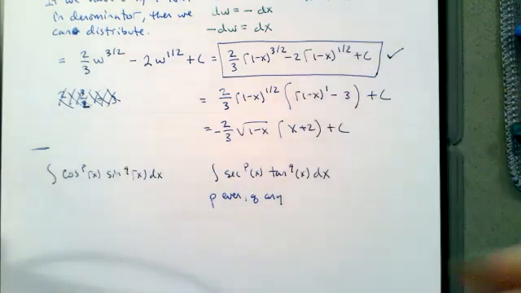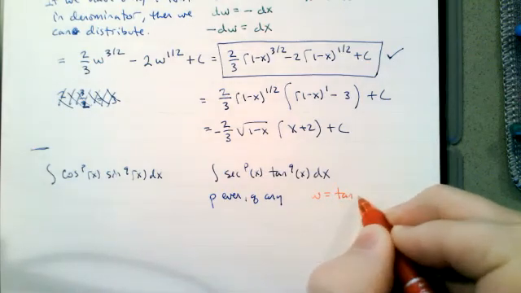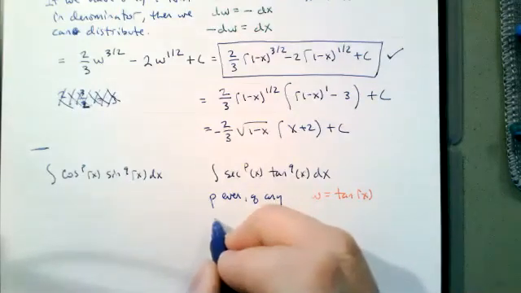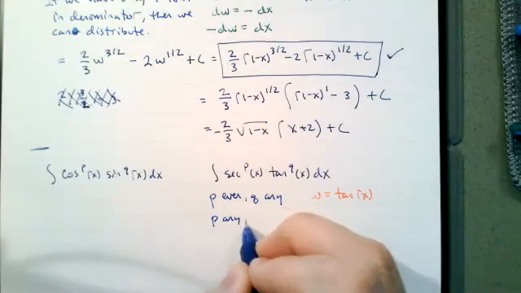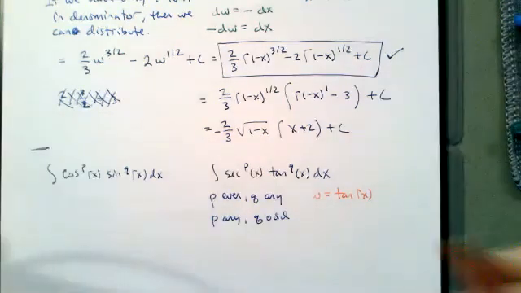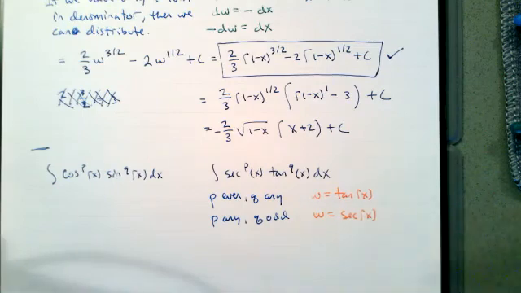We know that we can make a substitution of W equals tangent X. If P is anything and Q is odd, then we can make the substitution W equals secant X. So we can deal with P being even and Q being odd, but this does not hit all the combinations.